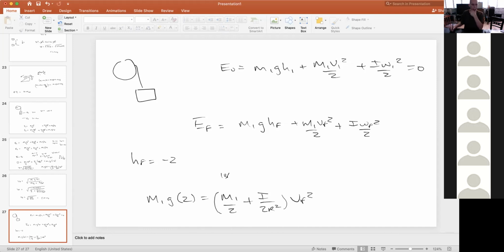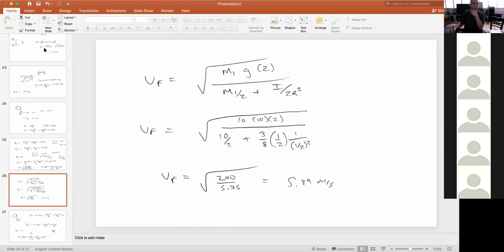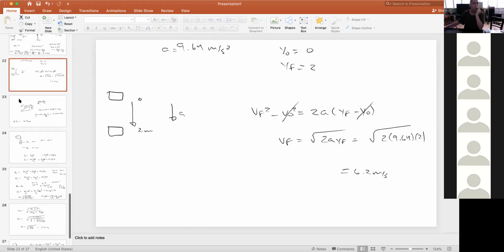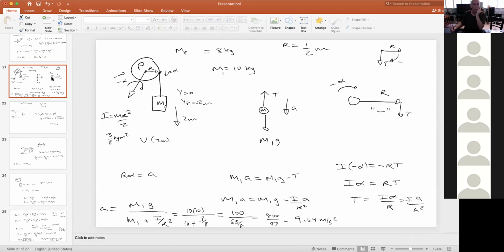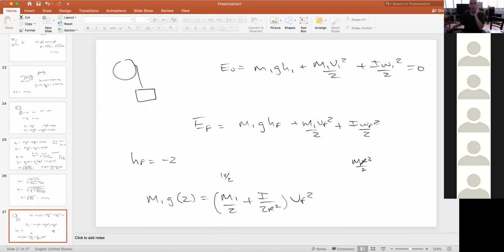This is 10 divided by 2, which is 5. This is MR squared of the pulley, which was 3. Where did I put those stupid masses? 3, and R was a half, so that's true. So this is 3 halves times 1/2 squared, which is 3/8 kilogram meters squared.